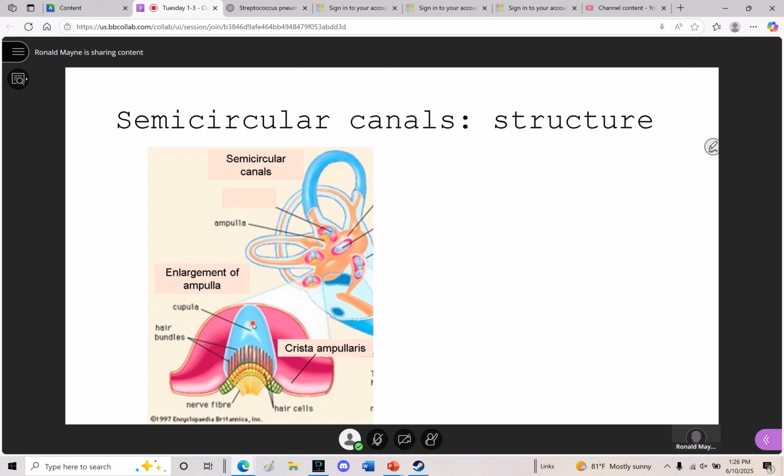The gelatin is going to contain little crystals called otoconia.